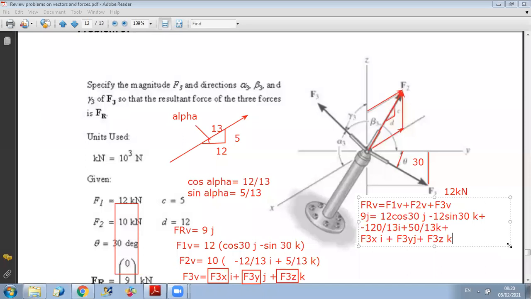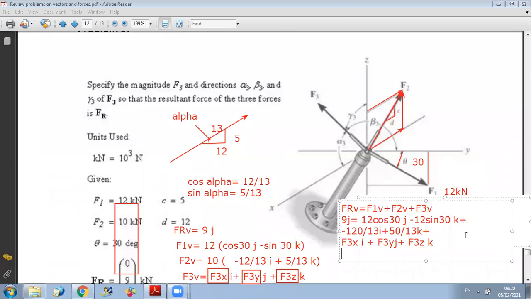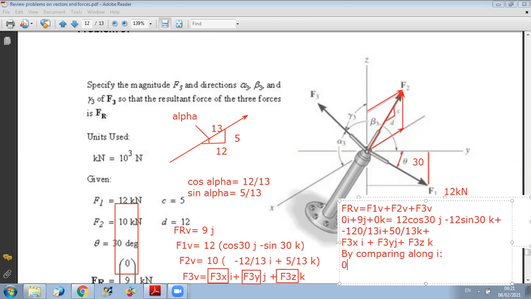Let us start together. The first comparison will be done along i. I have two sides. At the left side, I just have a j component. So this means that it's 0 along i, and 0 along k. So the first equation will be 0 equals what do I have on the other side along i?